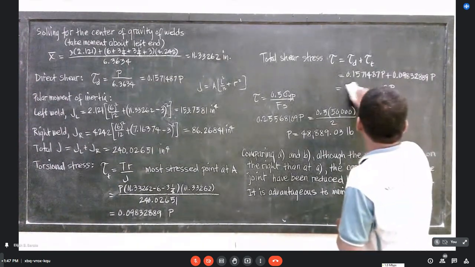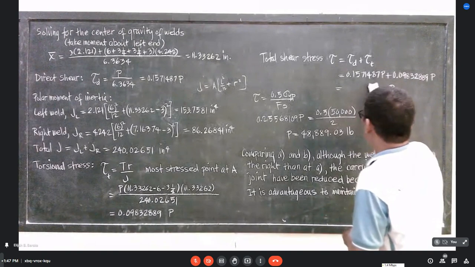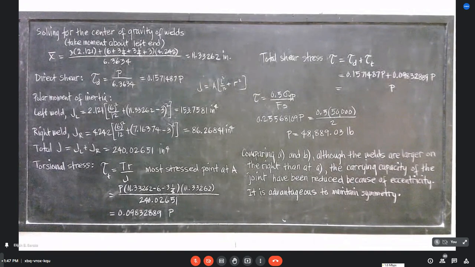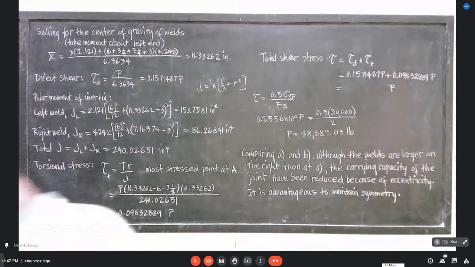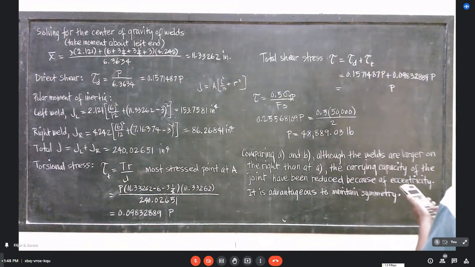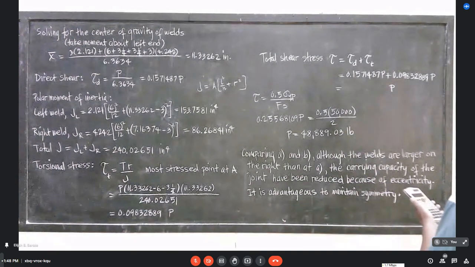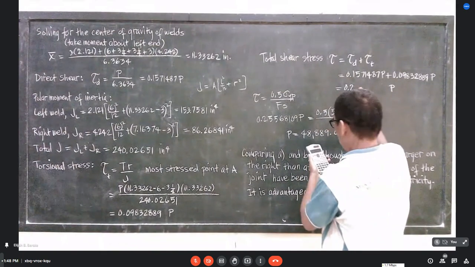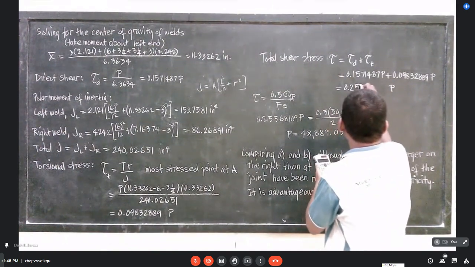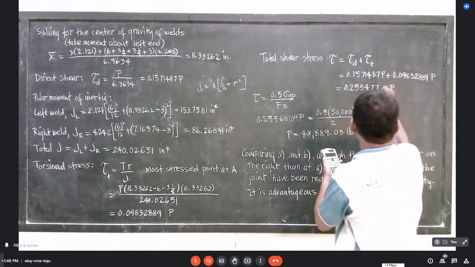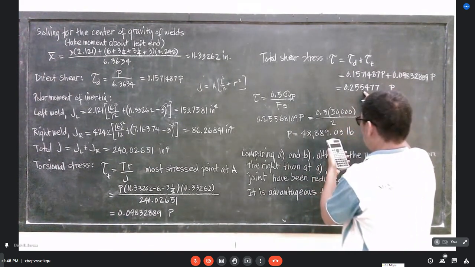So what we will have here is plus 0.15 71487. 2, 5, 5, 4, 7, 7, 6.